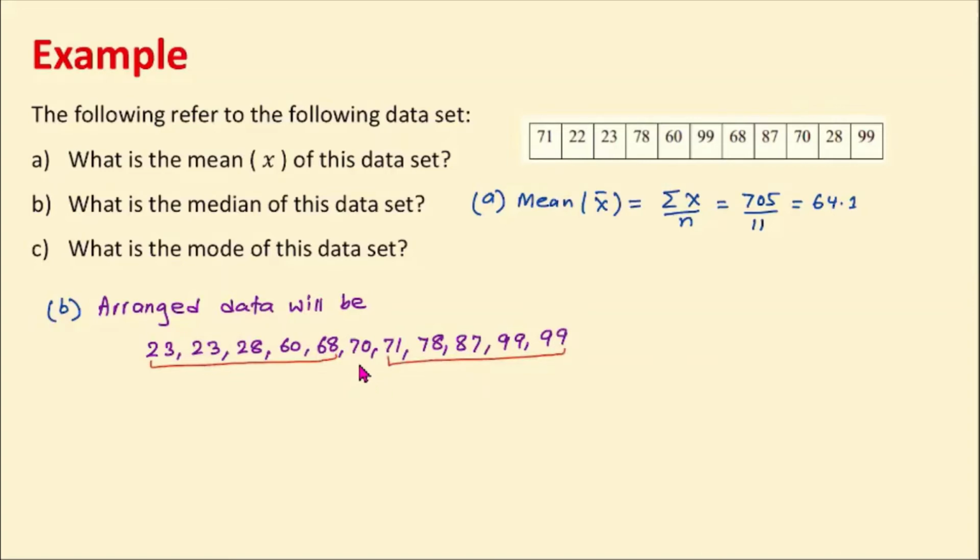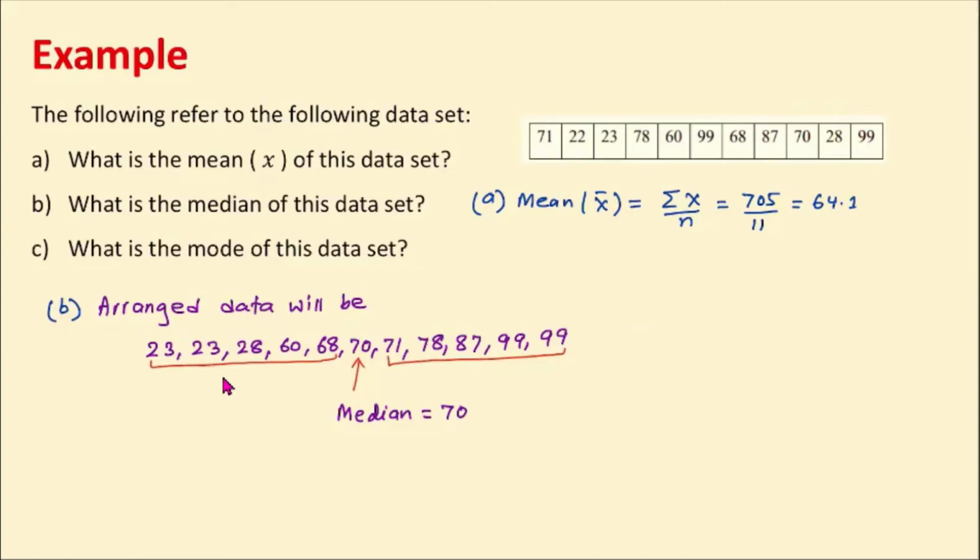And in the middle, you have a 70. So this value in the middle is your median. So the median is equal to 70. For this data set, the median is 70.